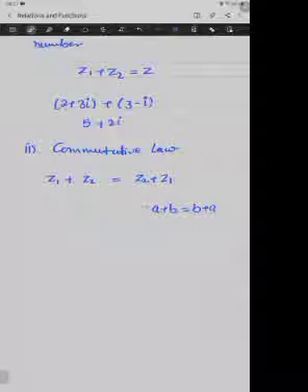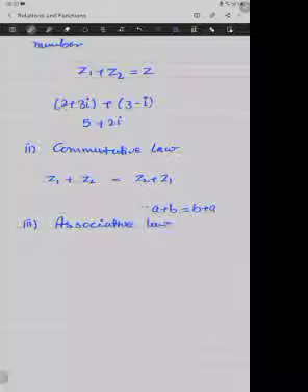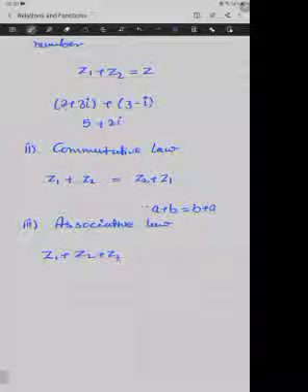Now the third property is associative law. Now associative law, try to see: Z1 plus Z2 plus Z3 is for sure Z1 plus Z2 plus Z3.